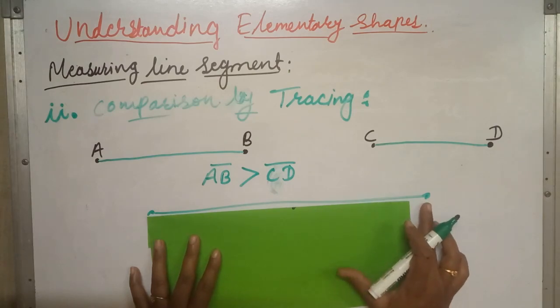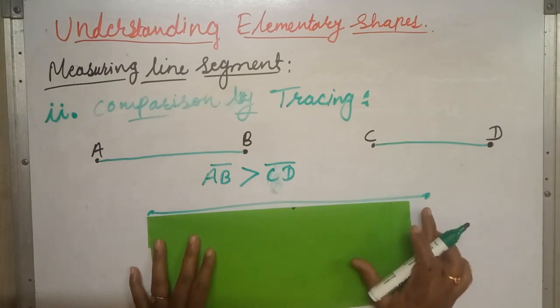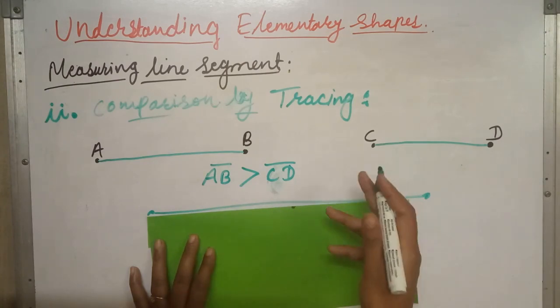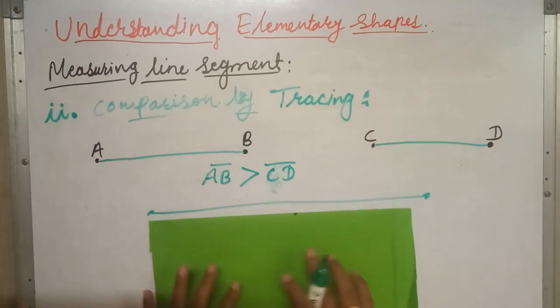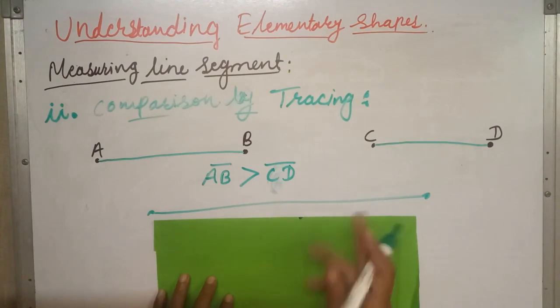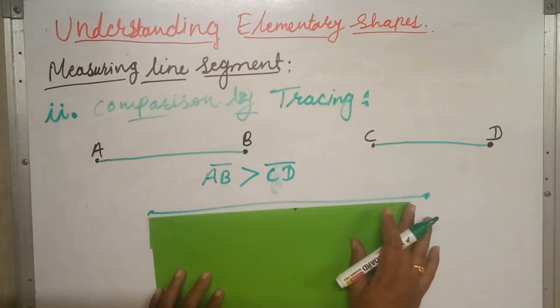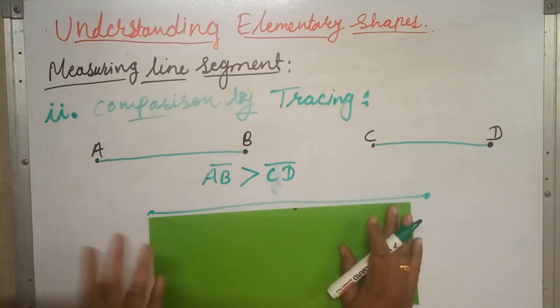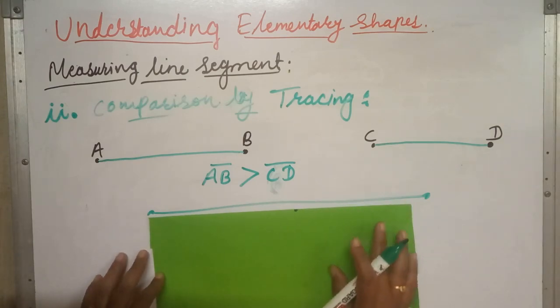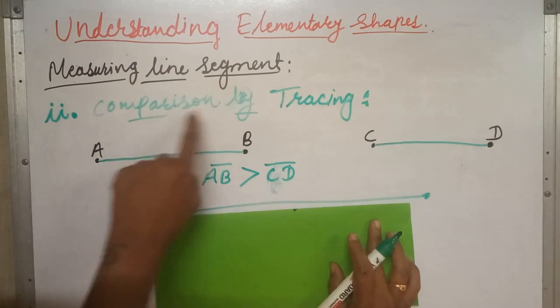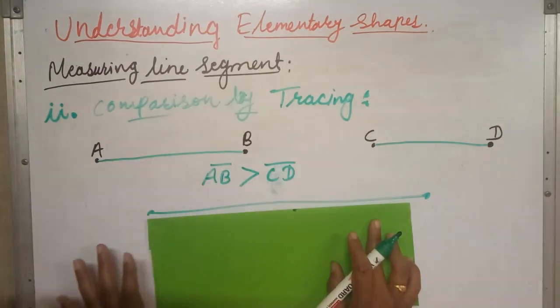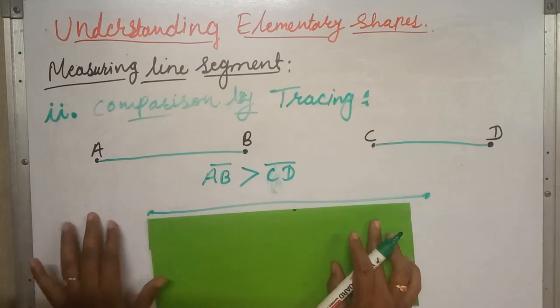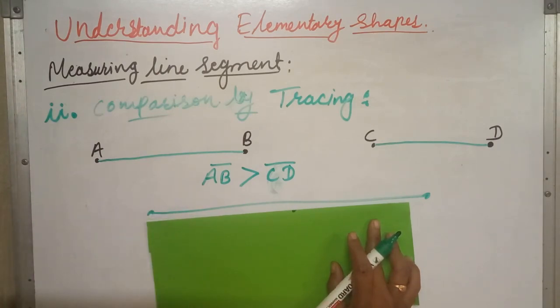So in that case you have to trace another line segment. This is difficult, and you cannot trace the lengths every time you want to compare them. Tracing is not easy to do, so comparison by tracing is also not proper. So we have to see another way to compare line segments.